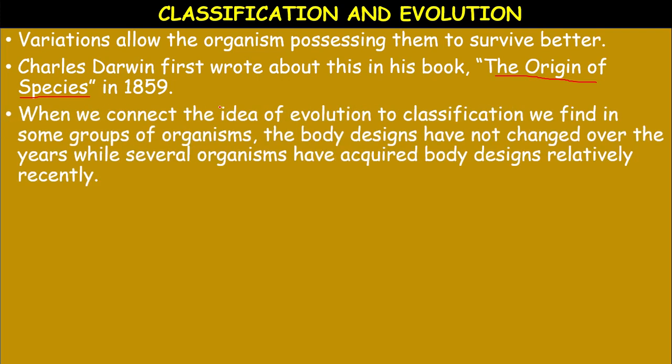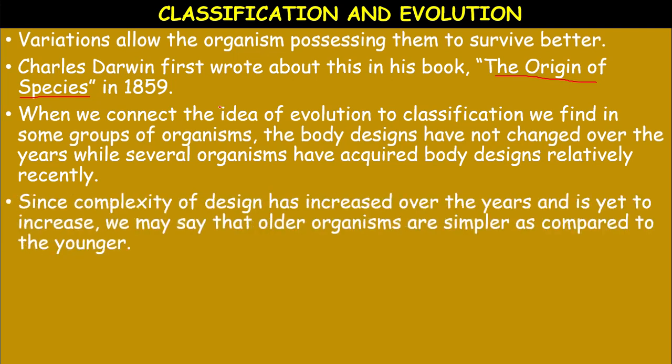When we connect the idea of evolution to classification, we find that in some groups of organisms the body designs have not changed over the years, while several organisms have acquired body designs relatively recently. So the knowledge of evolution is applicable to the classification.